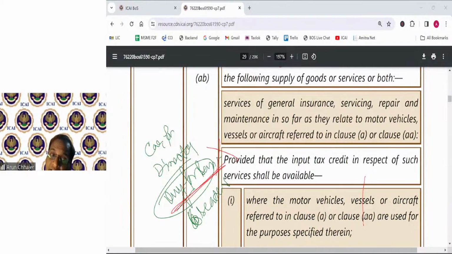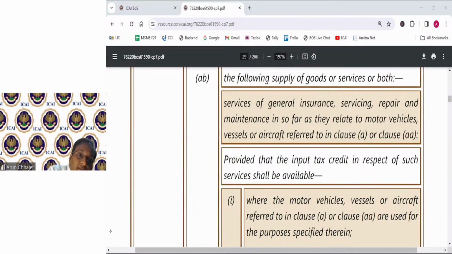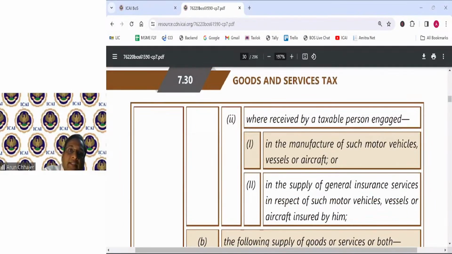If you are having the general insurance business, then obviously the insurance of that motor car, you will take the ITC. Further, if you are a manufacturer of the motor vehicle, then whatever the insurance, etc. would be there, that would be the stock item.